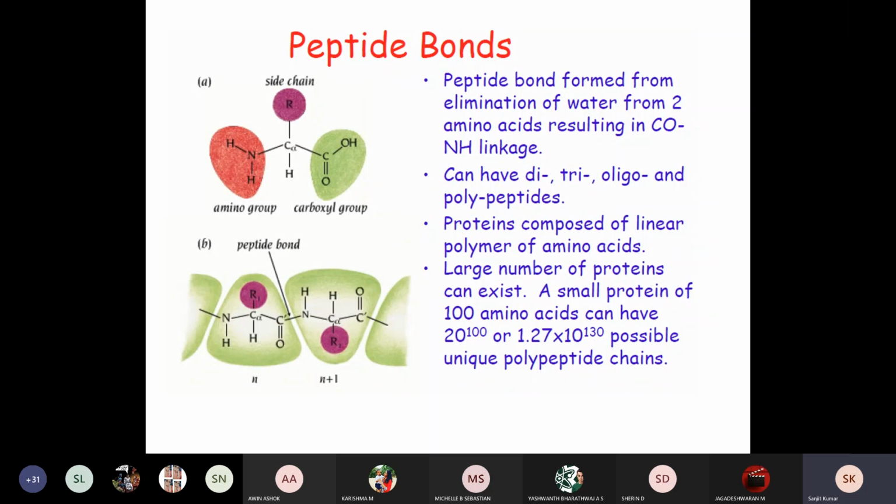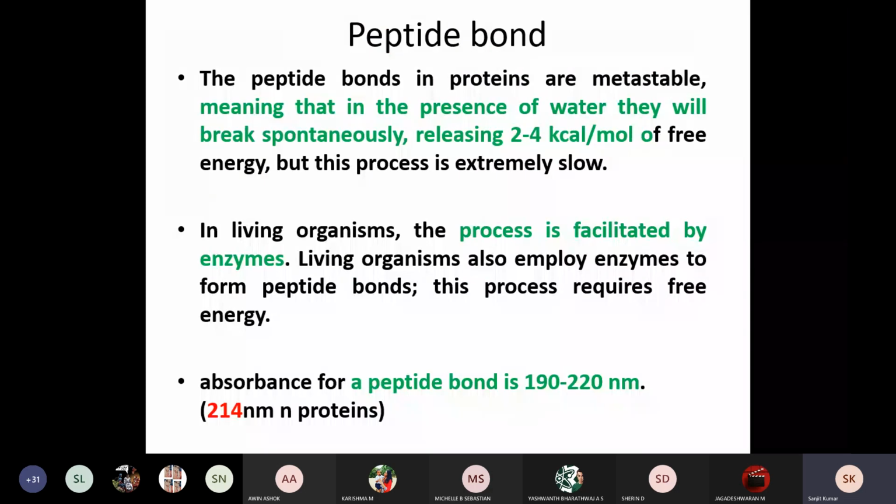You know the C alpha carbon, which I have already discussed. Most important, always remember: the peptide bond absorbs at 214 nanometers, but for proteins we measure OD at 280 nanometers. For Bradford we take OD at 540 or so, because that is an indirect method to detect protein.